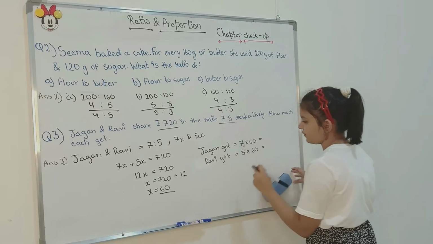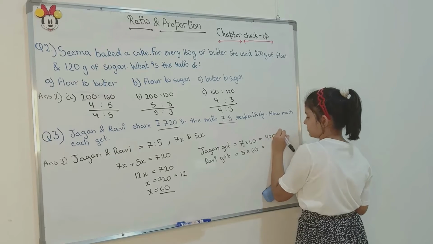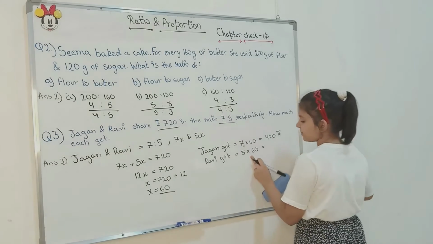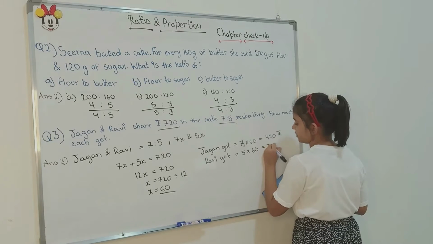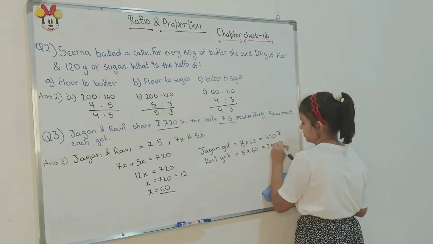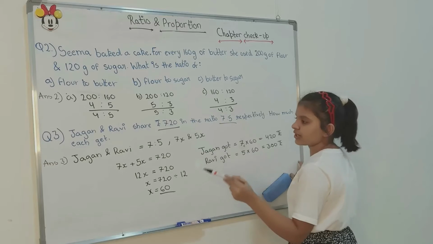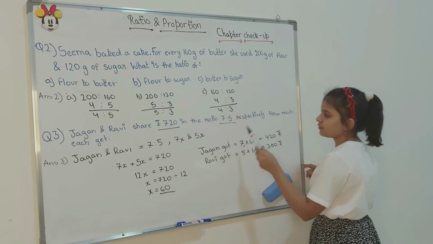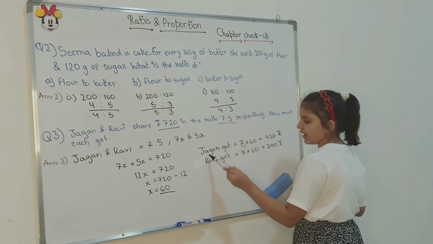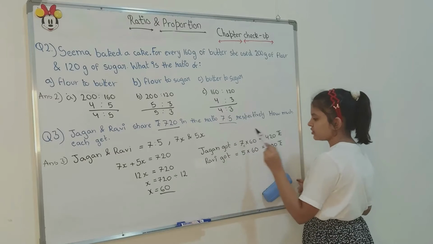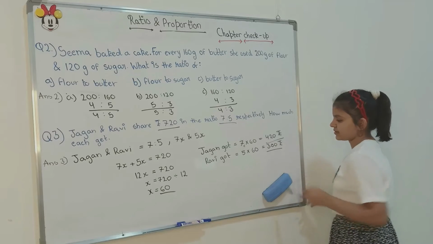So here when we multiply 7 with 60, we will get the answer as 420 rupees. And then multiply 5 with 60, and we will get our answer as 300 rupees. So here Jagan and Ravi shared rupees 720 in the ratio of 7:5 respectively. So after dividing them in the ratio of 7:5, we get the answer as Jagan got 420 rupees and Ravi got 300 rupees.